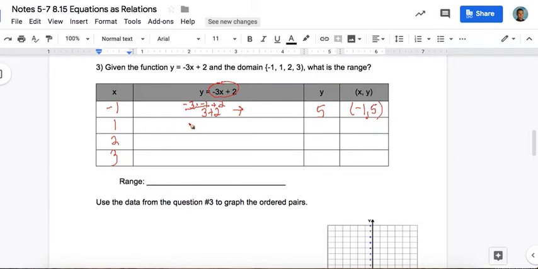Okay, the next one, we have negative 3 times my x value of 1 plus 2. Negative 3 times 1 is negative 3 plus 2 is negative 1.